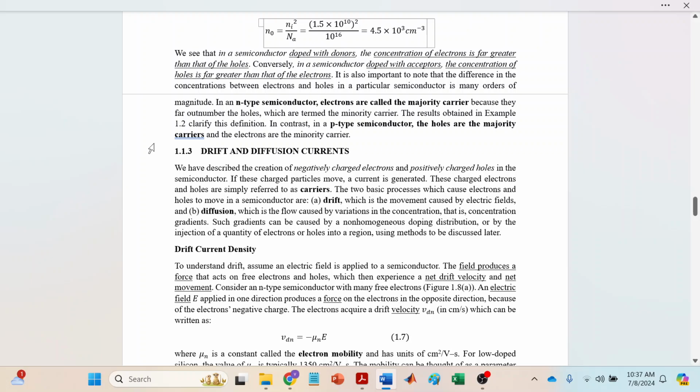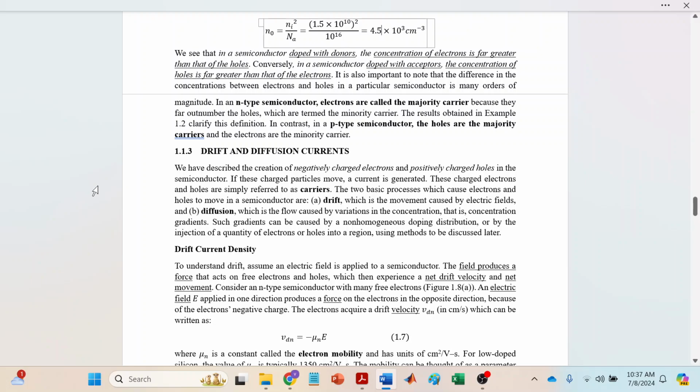So going back to our objective, remember we want to be able to explain the different mechanisms that create current in a semiconductor. These intrinsic and extrinsic semiconductors we have talked about. We have known how an electron or how a hole is created, but these electrons and holes are called charged carriers or charged particles, and it is only when they move that current is created.